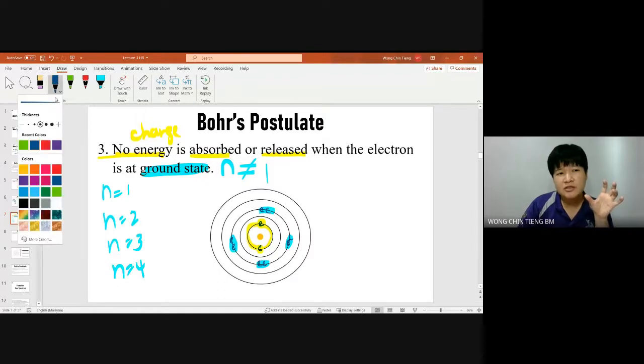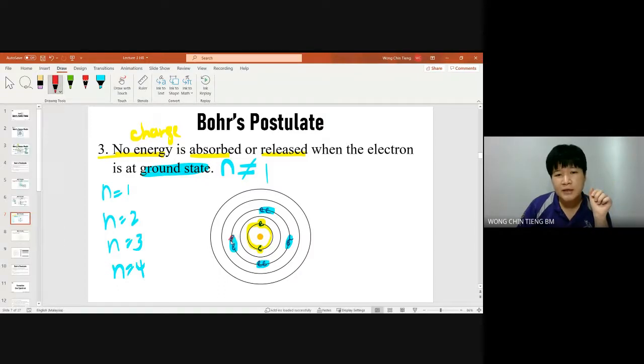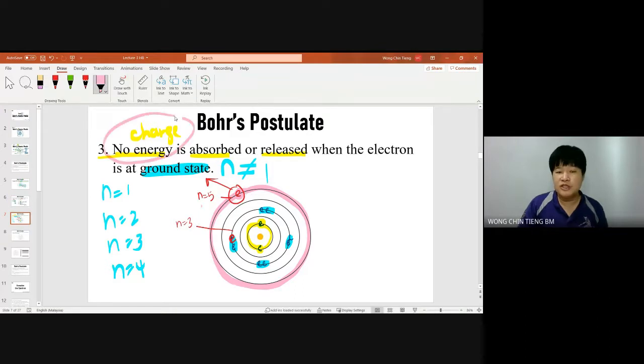So kalau energy electron tu sekarang duduk pada n sama dengan 3, ground state dia adalah n sama dengan 3. Kalau electron teacher sekarang duduk pada n sama dengan 5, my original is already at n equals to 5. That is my ground state. And as long as my electron at n equals to 5 remains at n equals to 5, bergerak hanya pada petala kelima, there will be no energy changes.